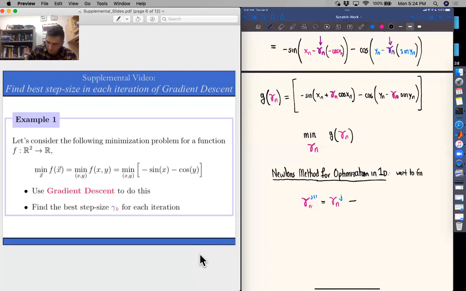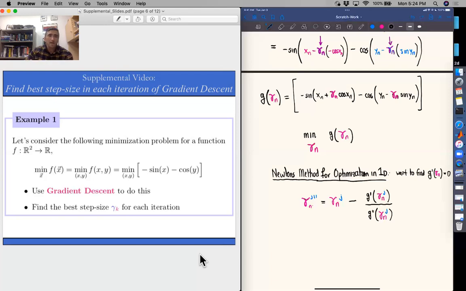So when we do this for Newton's method, we take the derivative of that function g and evaluate it at our current guess of what that gamma value might be. But then we divide by its next higher derivative, which is g double prime, again evaluated at the jth guess for what that value of gamma should be.